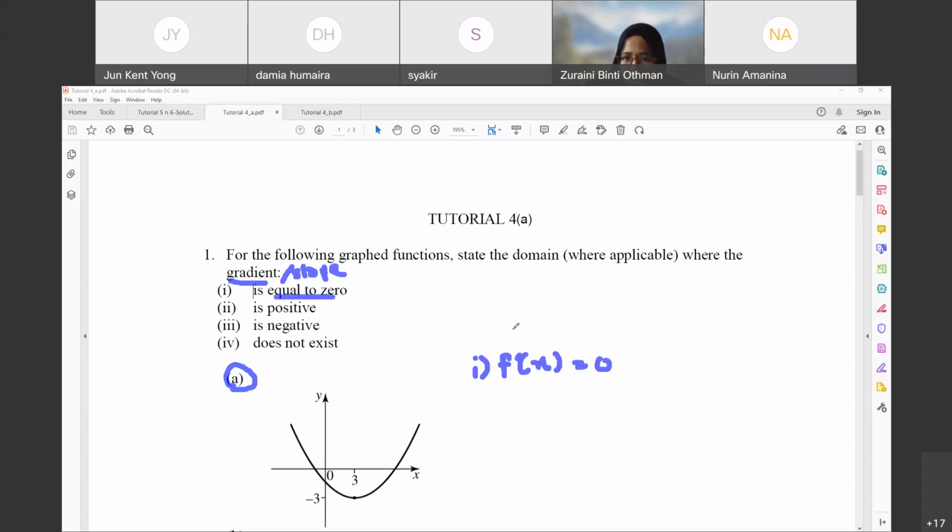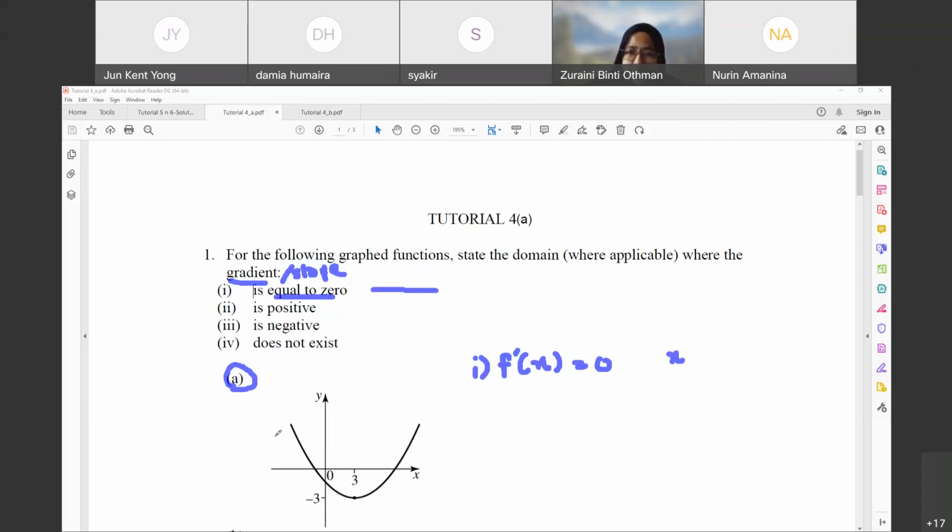Because it asks about gradient, so it is referring to the first derivative equal to 0. Where is the x when it is equal to 0, meaning that the gradient is horizontal. Where is the horizontal line here? Tangent horizontal here. Kat mana?